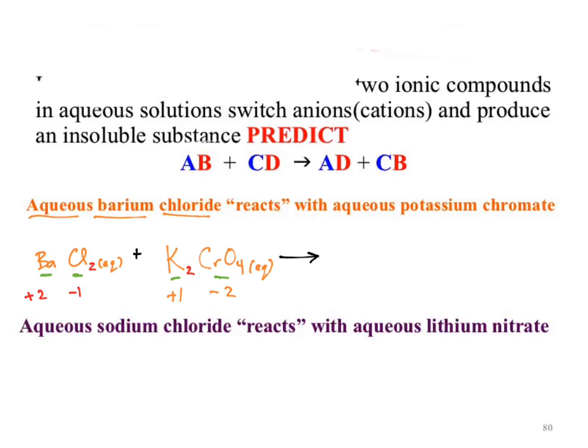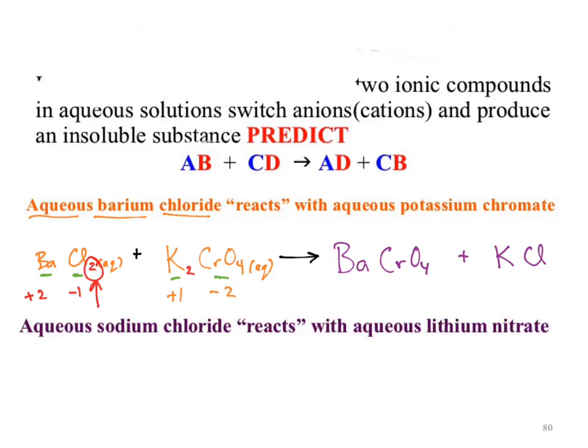Which means the products that we would get would be barium with the chromate and potassium with the chloride. You don't have to do anything with the subscripts because both of their charges match perfectly.